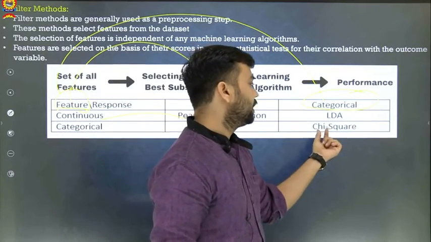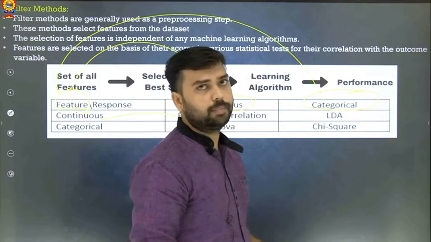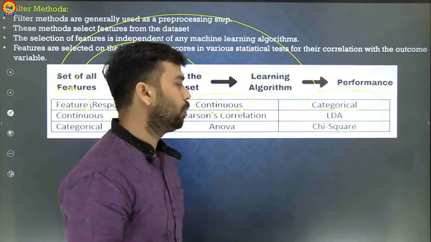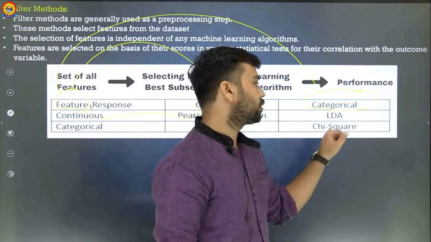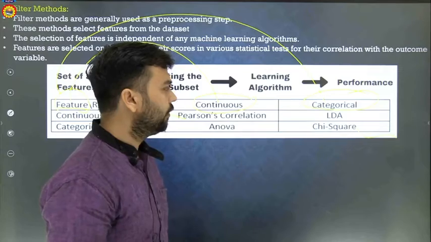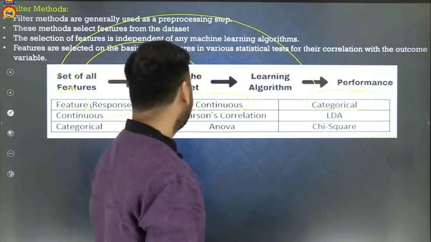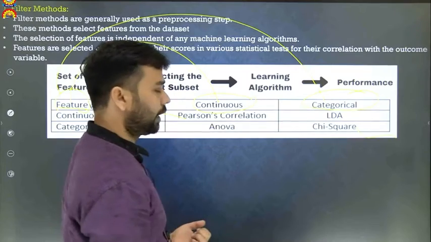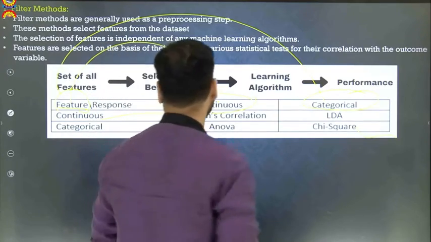Again, chi-square is an important method. Generally, a Python implementation is available for it and it is most popular. The chi-square method selects categorical features and produces the response in categorical form. So it is just simply a table.